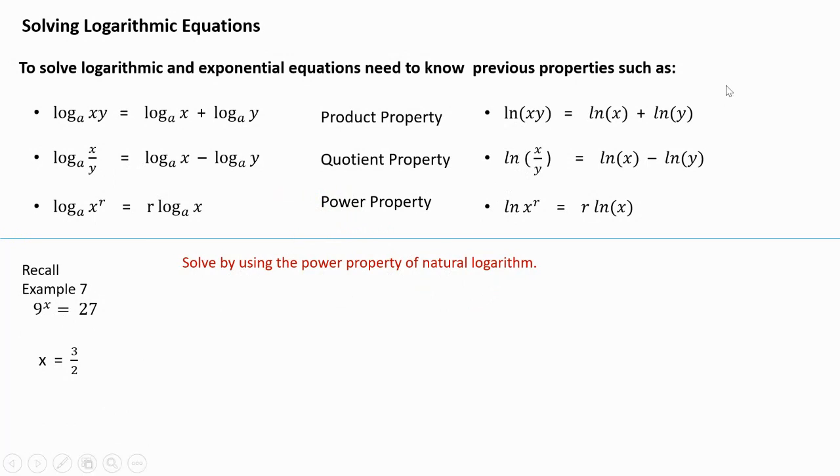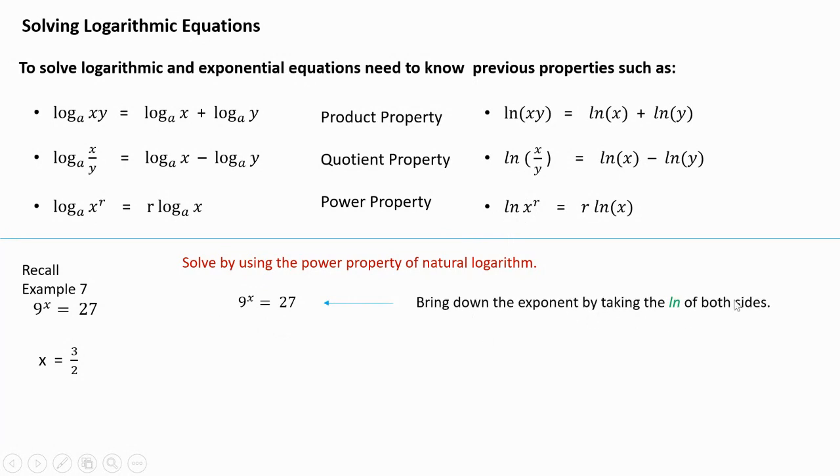Now, how do we use it? We're going to apply the power property. We want the x to come down. When you have the ln on both sides, the exponent, like the r here, goes to the front.